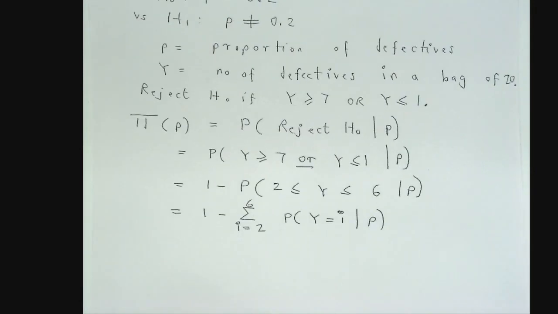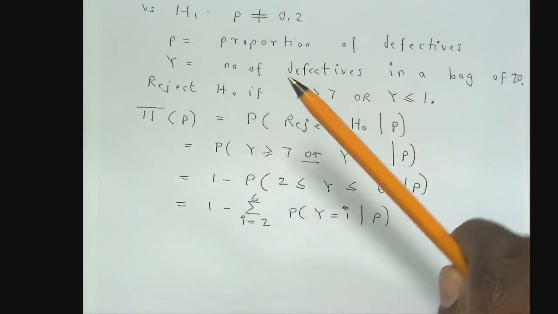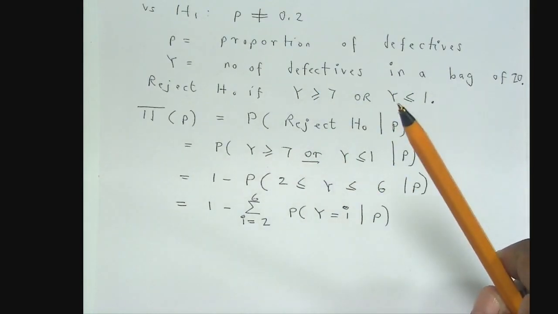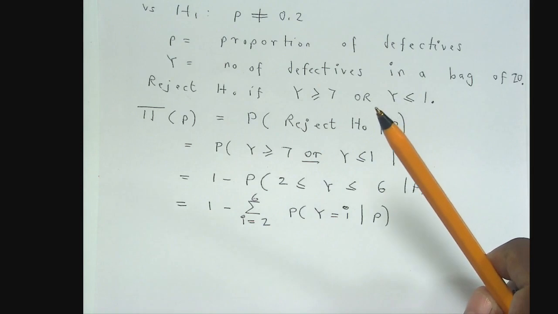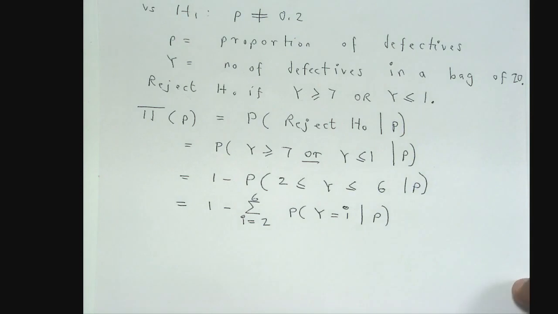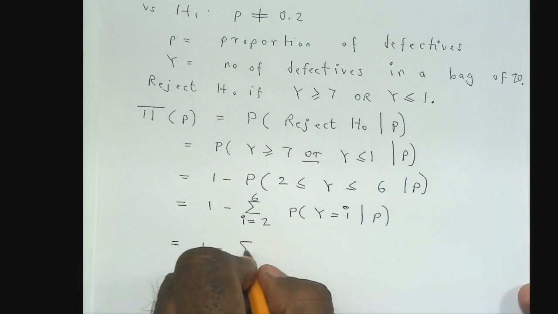Now you must realize that the variable y represents the number of defectives in a bag of 20. So the distribution of y will be what? Binomial, exactly. So it will be binomial with parameters 20 and p. So this will be 1 minus the sum.